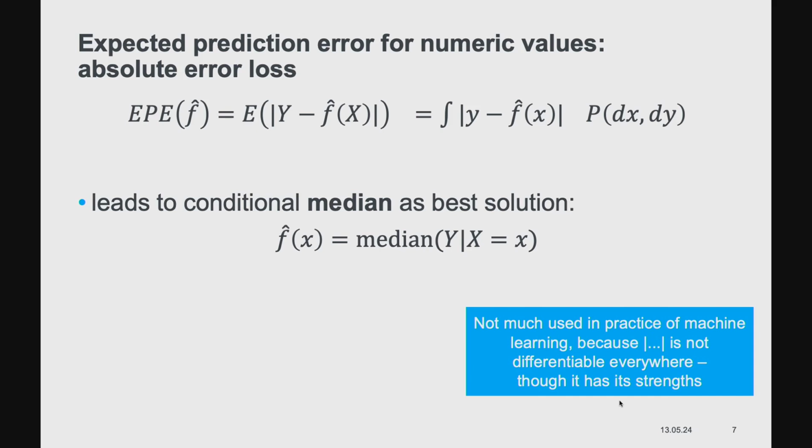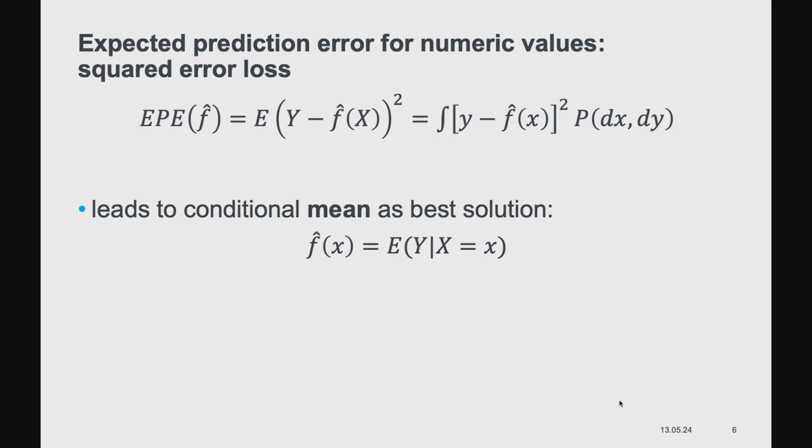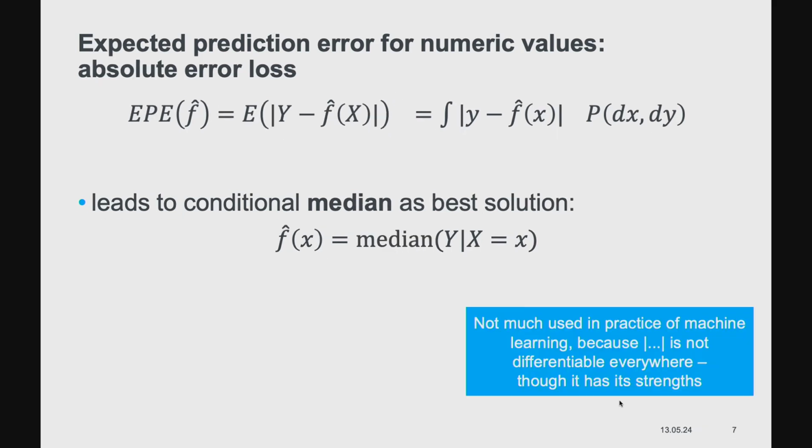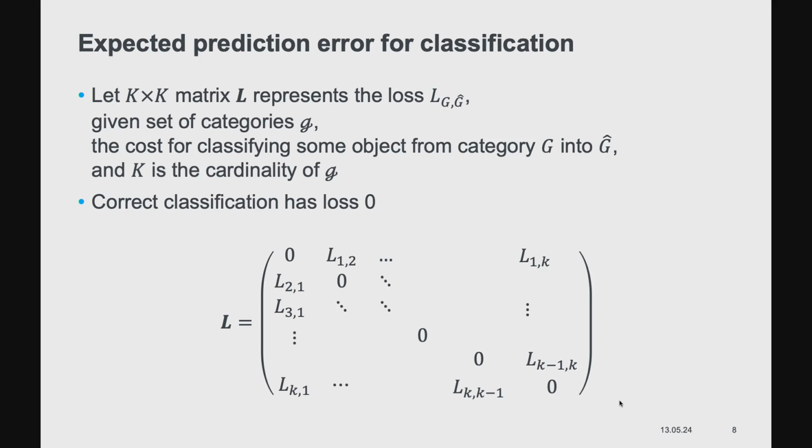So obviously, the mean and the median that I would predict would be different solutions. Which one is better depends on your application. The mean is typically easier to realize, and the absolute error is not much used in practice because of differentiability.